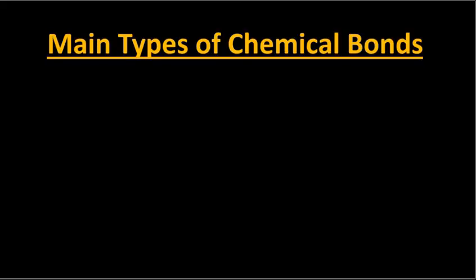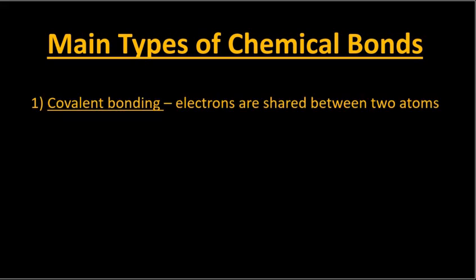Now, the main types of chemical bonds that we're going to be talking about in this chapter. First, you have covalent bonds, and this is where electrons are shared between the two atoms. You can see co together, valent, the valence level, that outer level. So the outer levels are together.